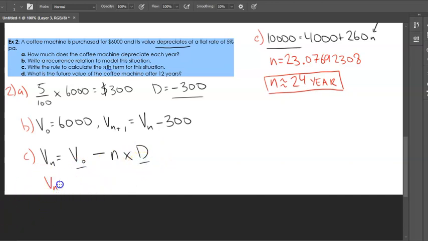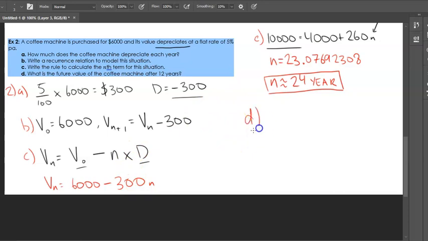V of n is equal to 6,000 take away 300 with that little n tagging along. So after a certain number of years, maybe after 6 years, we just get 6 lots of 300 and subtract that from 6,000, and that will tell us what the price of the coffee machine is after the 6th year.